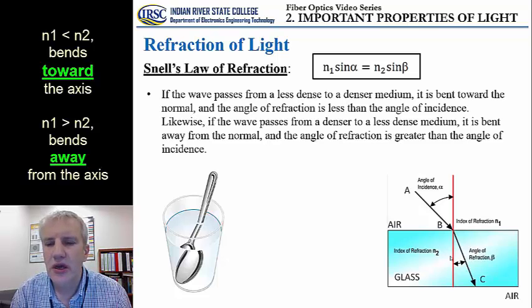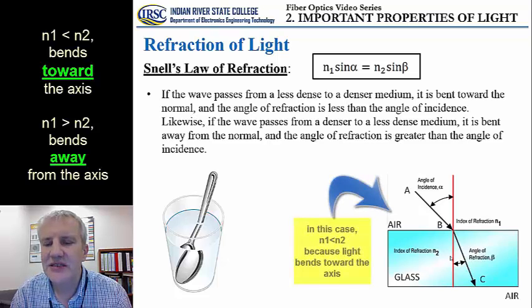We are going to create the axis that's perpendicular to the boundary and passes through the point B where the light hits the surface. That axis is shown here as a red line. And then we are going to establish two angles. One angle is the angle between the light ray coming from the first medium and the axis.